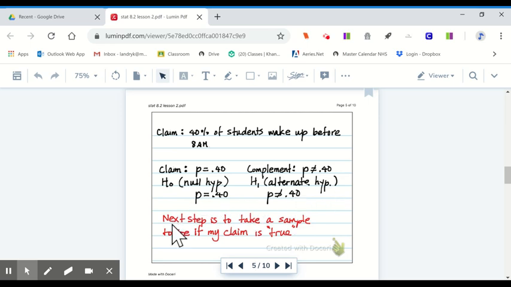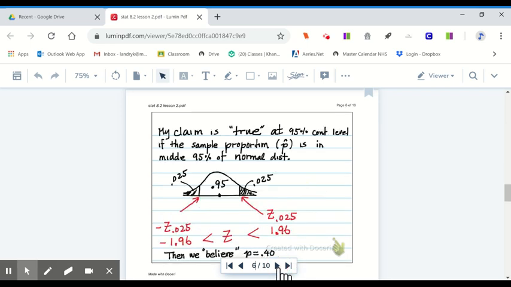Now the next step, to see whether 40% is believable or not, is to take a sample. So we'll take a sample.